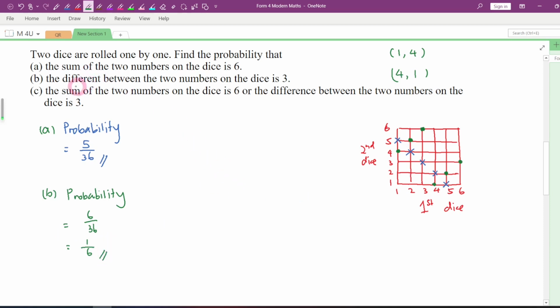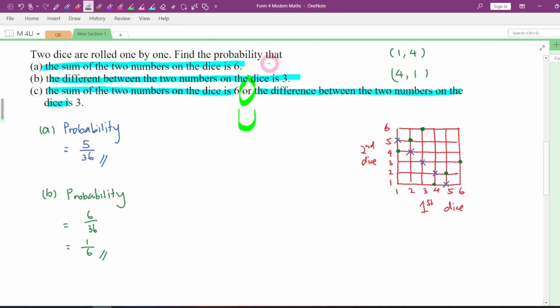Okay, now let's go to the last one. The sum of the two numbers on the dice is 6, you will notice that this is actually the same as this one, right? Or, okay, let me use this, or. So we know that we use this sign, union. The difference between the two numbers on the dice is 3, this part, is actually the same as this part, right?